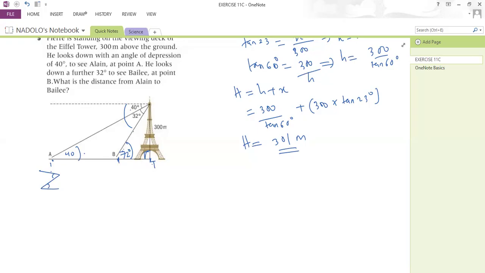Those should be alternate angles. So 72 degrees is alternate to 72 degrees at B, and 40 is alternate to this 40 here.